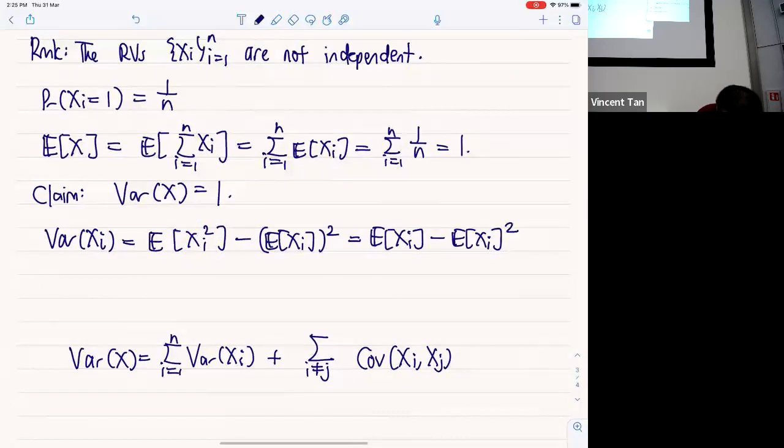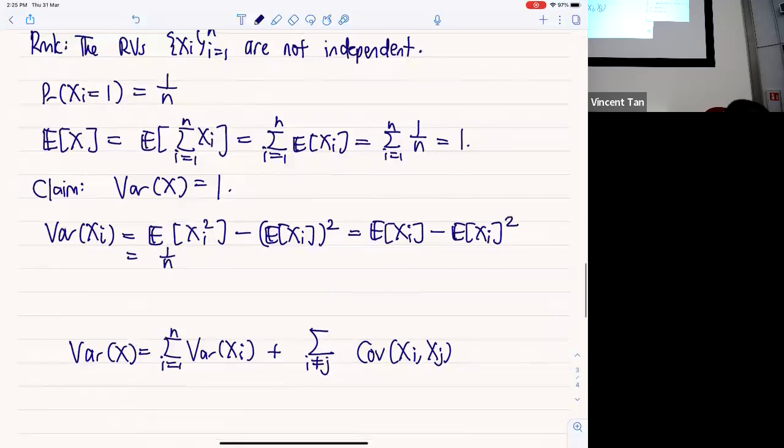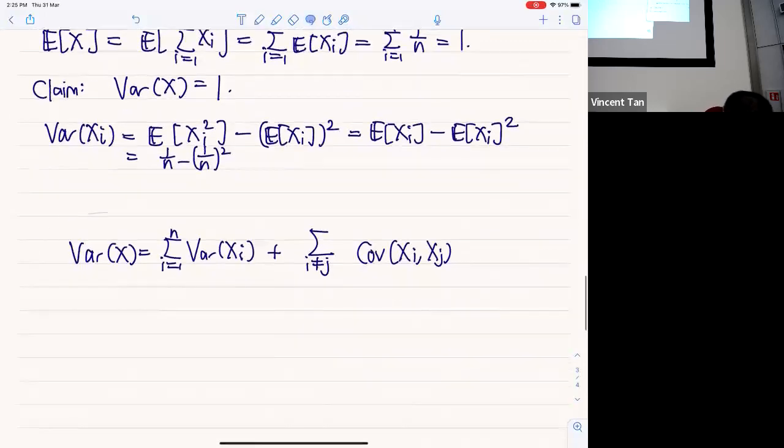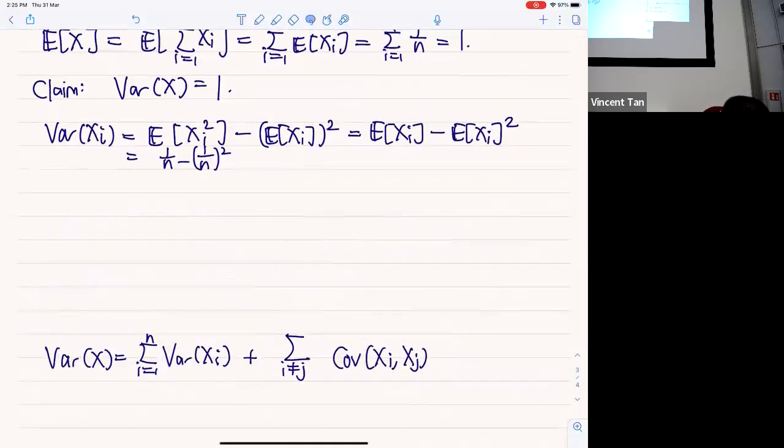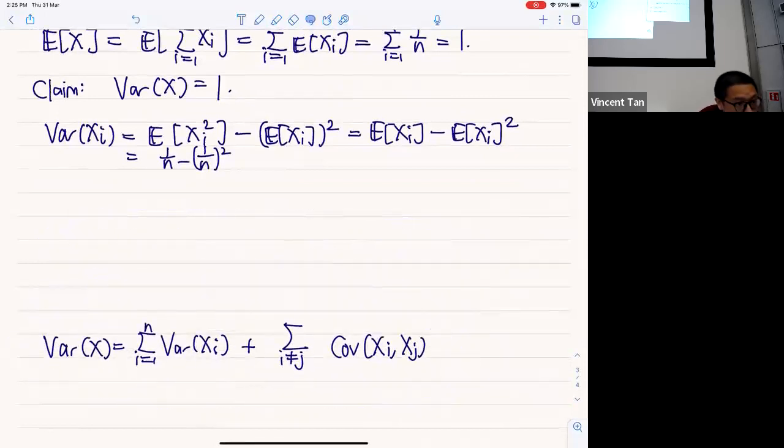So this becomes 1 over n minus 1 over n quantity squared. That's the variance. Okay, so let's try to make it look neater. And we have the variance can be written as 1 over n times 1 minus 1 over n. Okay, so that's the variance of each individual random variable.